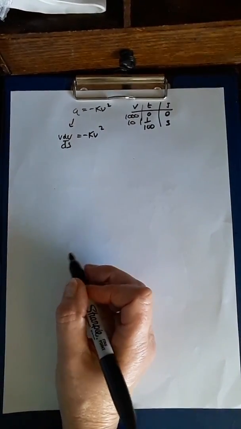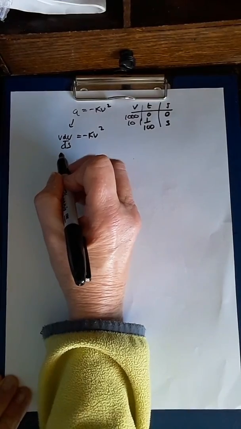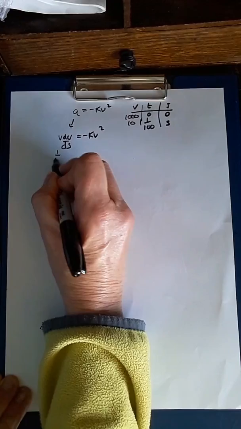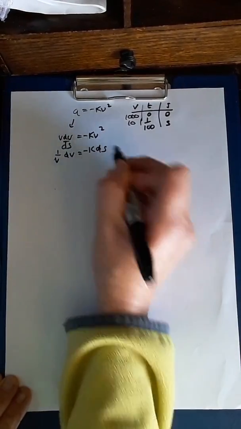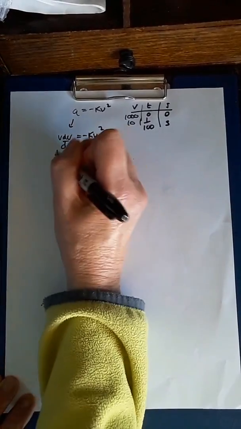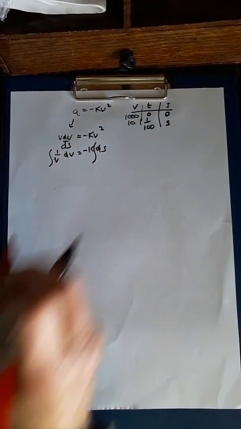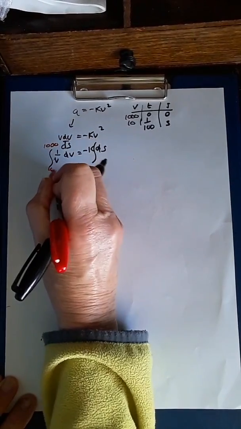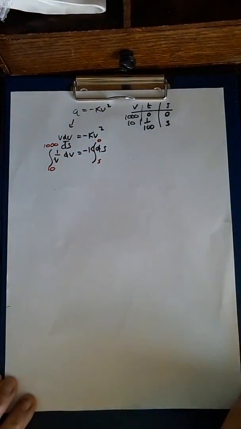I'll separate those variables and this will become minus 1 over v dv is equal to minus k ds. I'll integrate both sides. I'll take that k out because it's a constant. The v goes, remember, from 1000 down to 10, and the s is going from 0 to s.